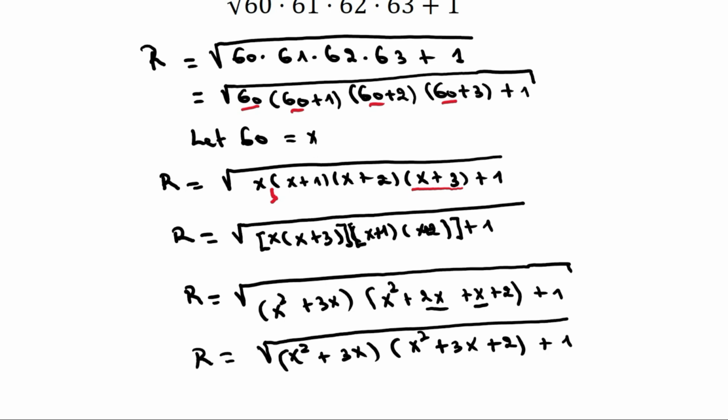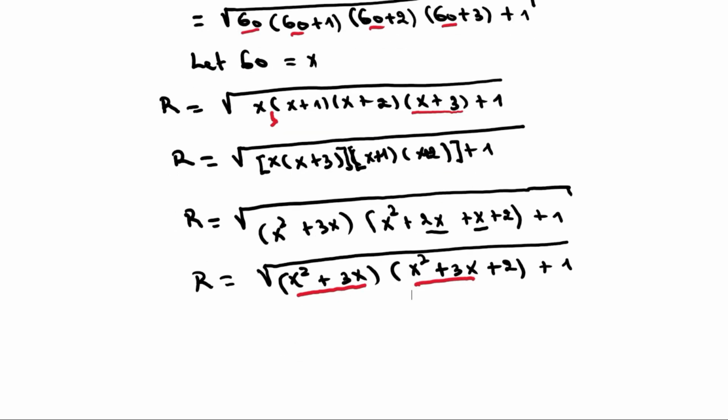At this stage, I do something again. You see here I have x squared plus 3x, and here too I have x squared plus 3x. I'm going to suppose that x squared plus 3x is equal to y.